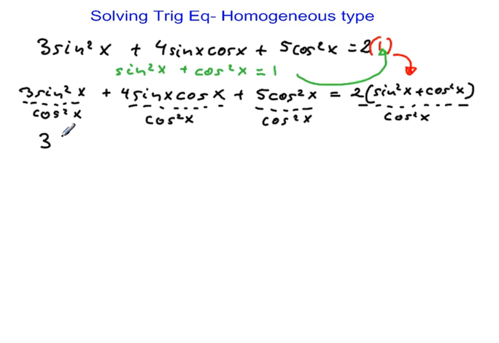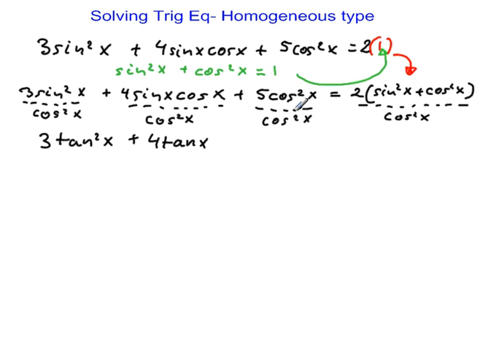Excellent. So what will be the result of that? 3 tangent squared x. Remember, sine over cosine ratio is equivalent to tangent. So when you have squared, that is tangent squared. Over here, cosine and cosine will be reduced, and you will have 4 times sine over cosine, so that is 4 tan x.